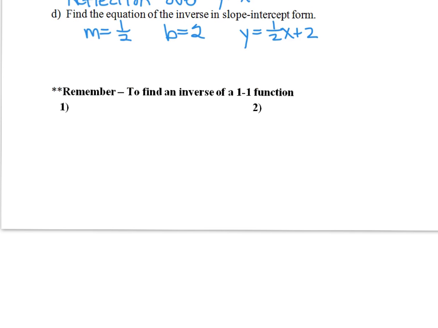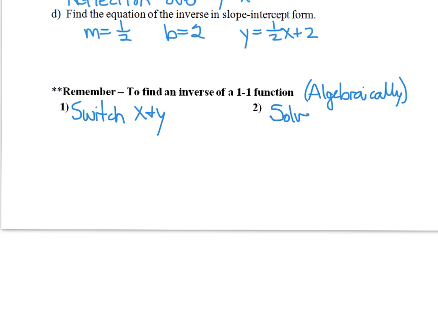That leads us to the steps that we used in the last chapter to find an inverse of a one-to-one function. We can also find an inverse algebraically as well as graphically. So to find this inverse algebraically, remember that what we do with our equation is switch the variables x and y, and then we will always want to solve for the y.